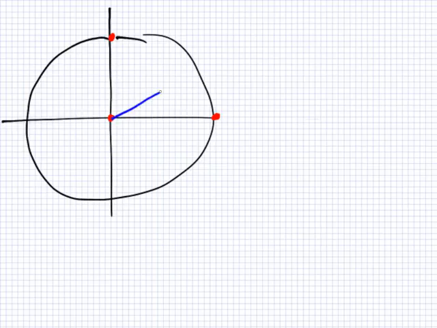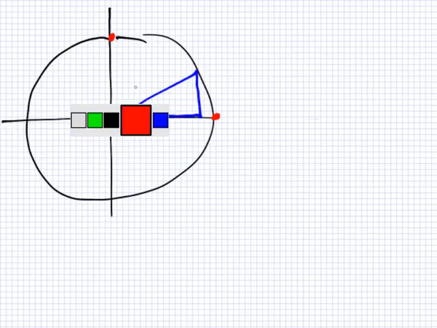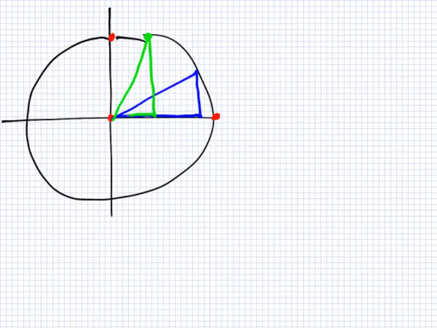There is one right angle triangle, and then in a different colour, green, I'll draw a second right angle triangle. So there's two, for example. I'll give you a minute to make sure you have this drawn nicely. This is a unit circle, so its radius is 1. It's called a unit circle.